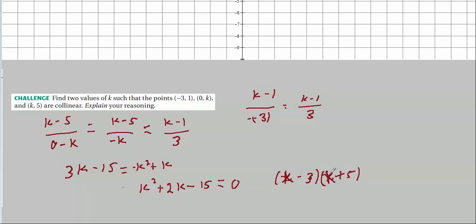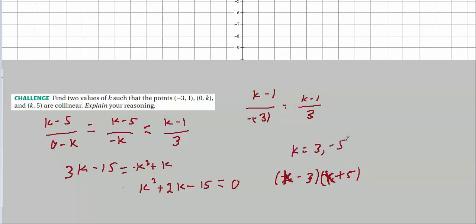So this is k minus 3, and this is k plus 5. So we get minus 3k plus 5k, that'll give us our 2k, minus 3 times 5 is minus 15. So the possible choices for k are that k equals 3 or minus 5.